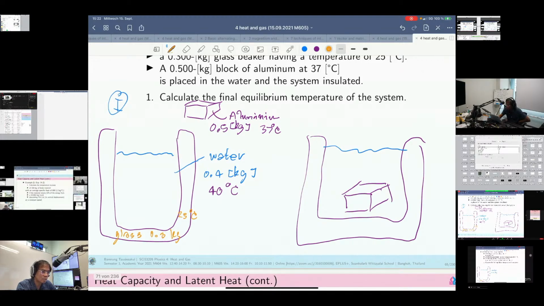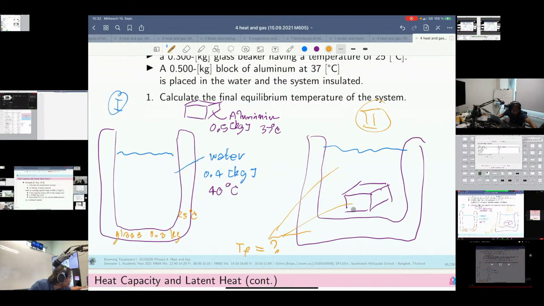They ask you, so all these three items will have the same final temperature, which is TF. What is the value of TF in the equilibrium state? Assume that there is no heat loss at all in this system. So we have to solve this.